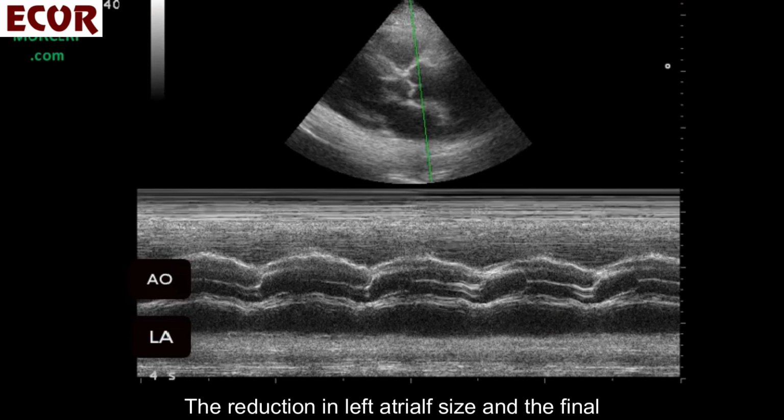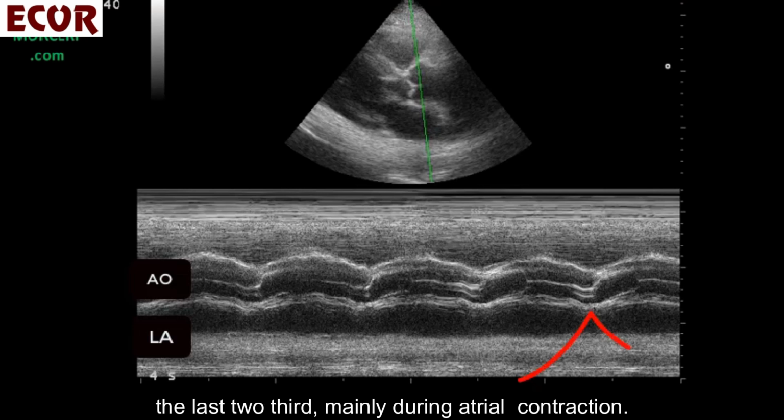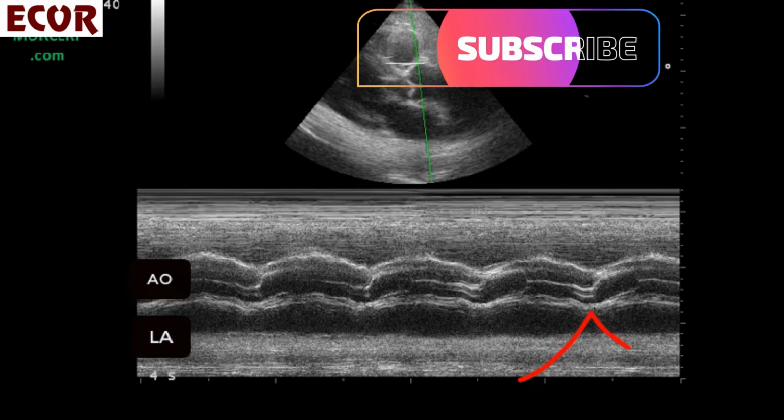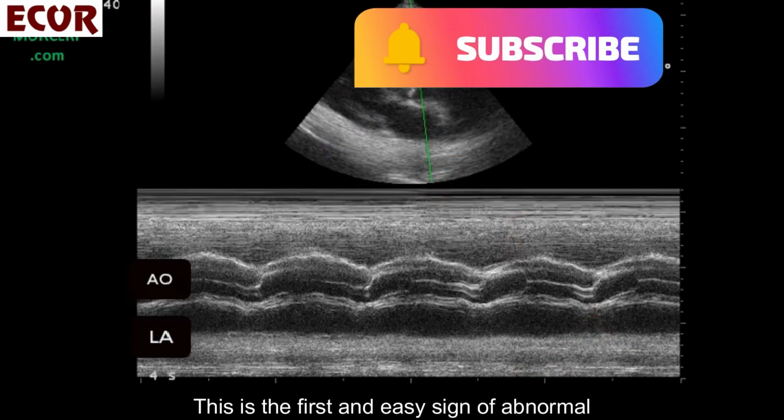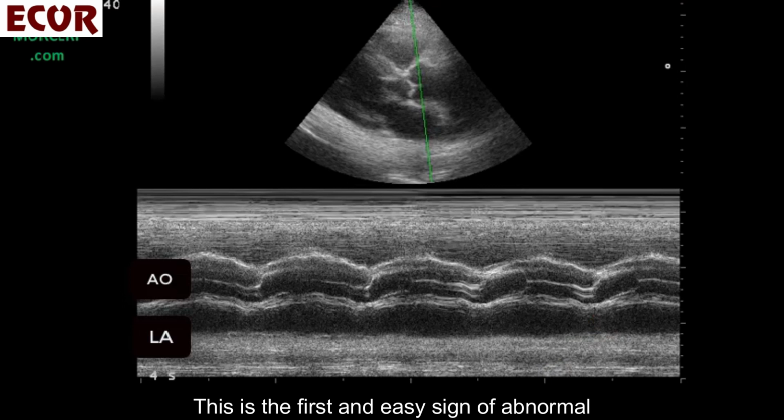The reduction in left atrial size and the final return of the aorta is seen mostly during the last two thirds, mainly during atrial contraction. This is the first and easy sign of abnormal relaxation of the left ventricle.